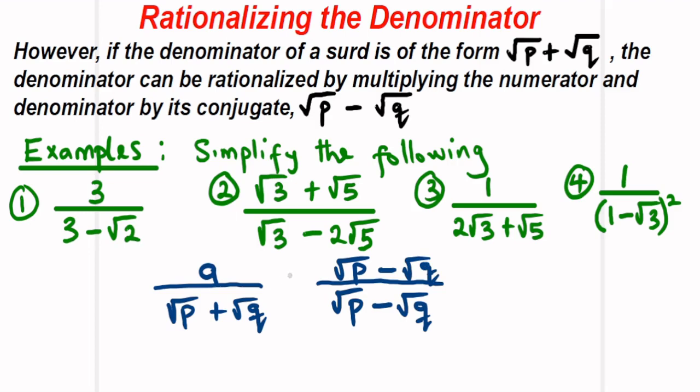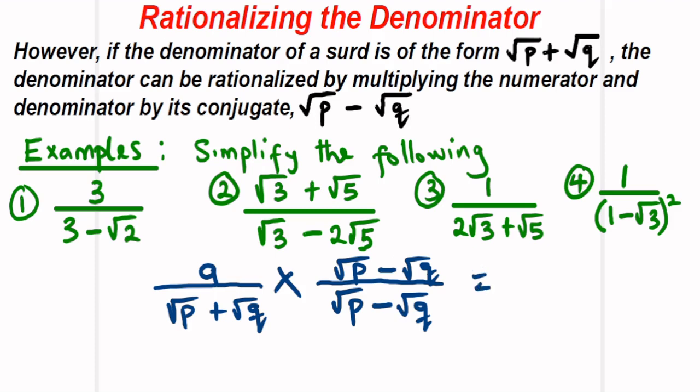So we multiply the numerator a by root p minus root q, and the denominator root p plus root q, we also multiply by root p minus root q. So find the conjugate of the denominator, then multiply the numerator and denominator by that conjugate.